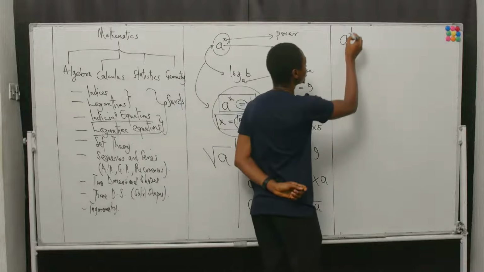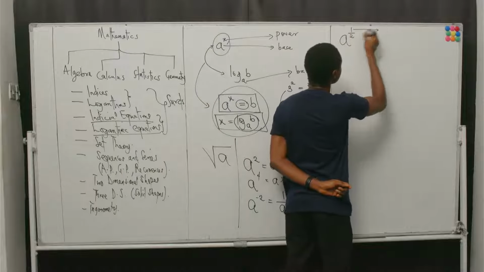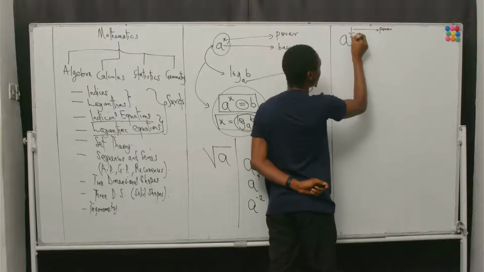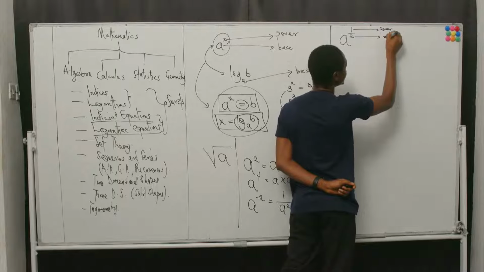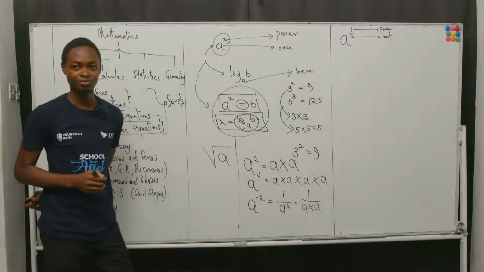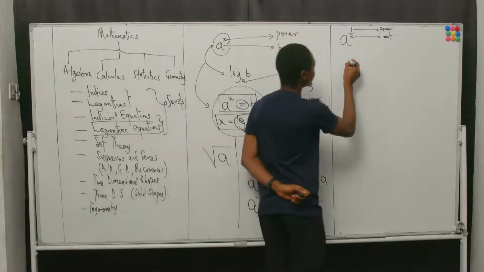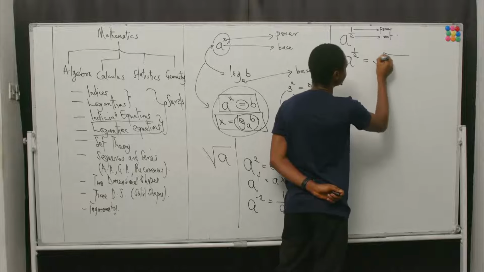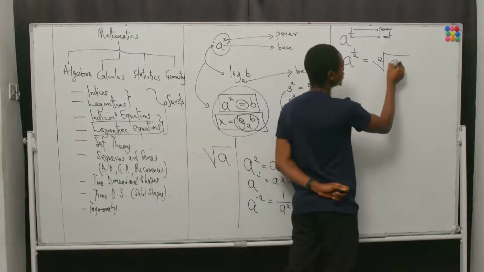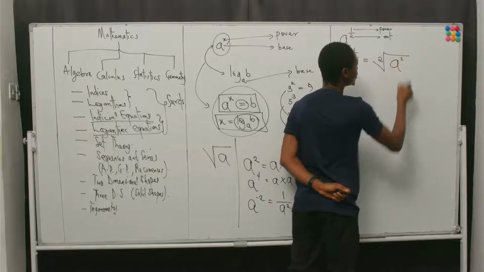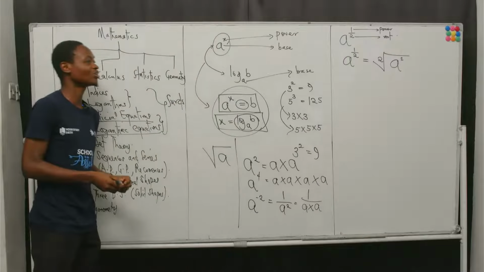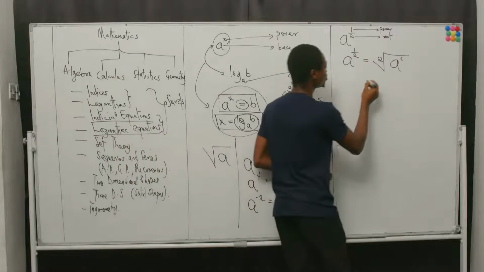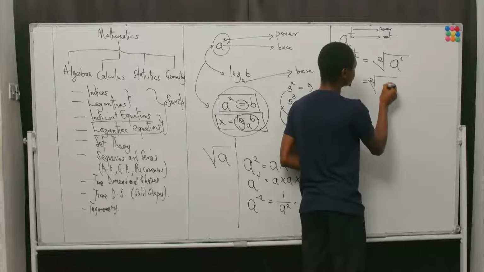It means that we will use the numerator of the fraction as a power and use the denominator as a root. What does this mean? It means that if I have a raised to the power 1 over 2, it's the same thing as taking the square root of a raised to the power of 1. Of course, a raised to the power 1 does not really change much. That's still a. But then it means that this would be the square root of a.